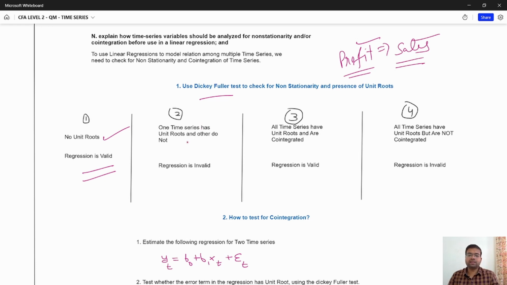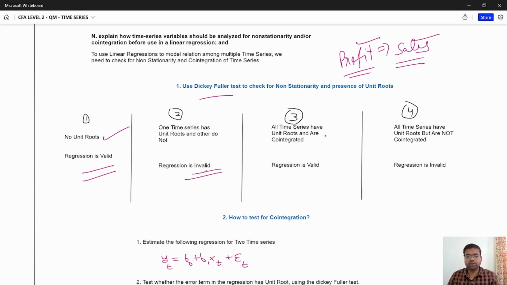But let's say one time series has a unit root and the other does not. The sales time series has a unit root, whereas the profit time series does not. In that case, your regression is invalid. We cannot use regression analysis in this case.